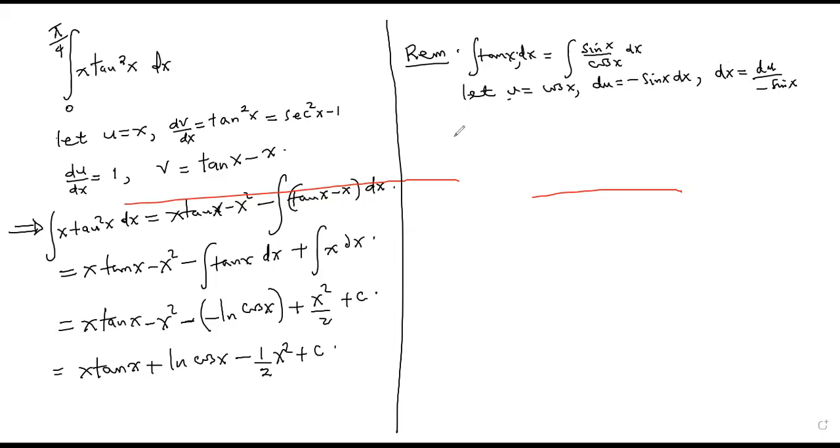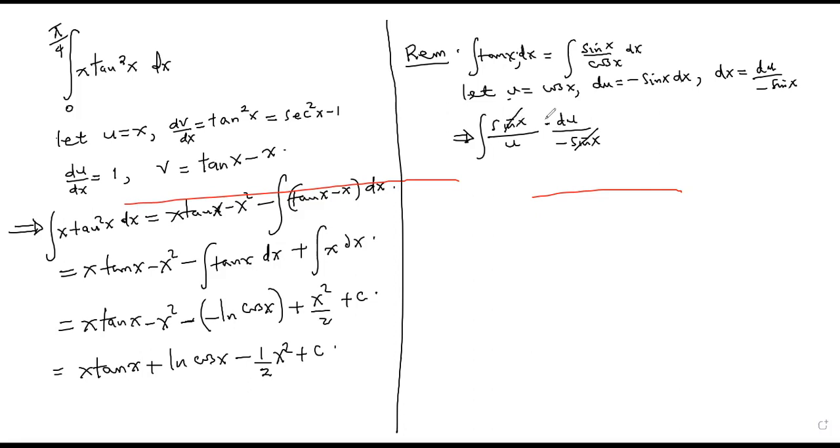Substitute everything here. Your integral becomes sine x over u, since we had let cos x be u, times dx, which is du out of negative sine x.